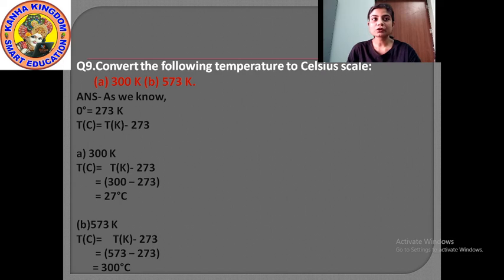As you know, 0 degrees Celsius is equal to 273 Kelvin.